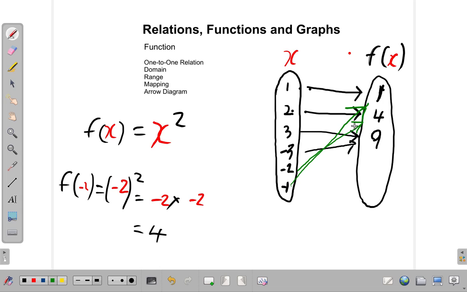Now, as to whether it's a function, you can try and remember it like this. In a case where you have an election, you might have a small election. You're choosing someone, whether a class representative or someone to chair a committee or a club.